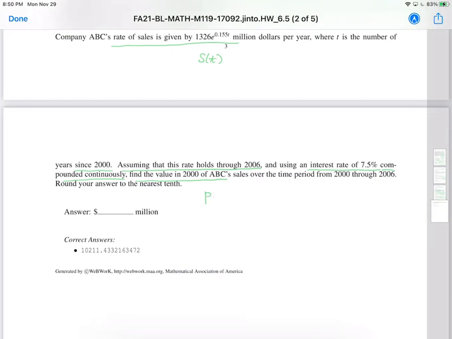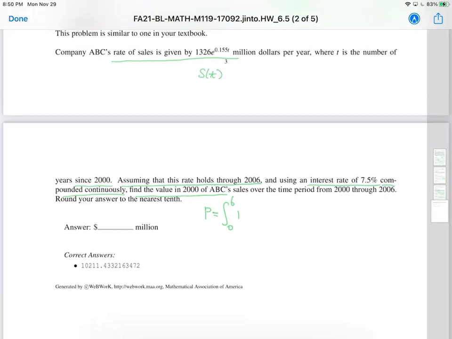So again, by the formula, P equals the integral over the 6 years period from 0 to 6, and S of t is given by the exponential function 1326 e to the 0.155t, times S of t times e to the negative 0.075t dt.